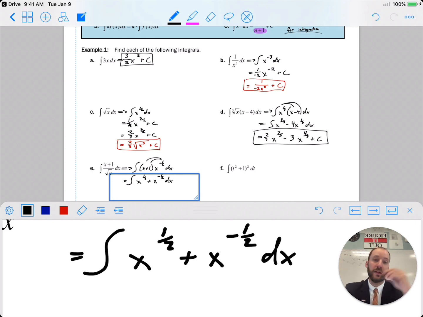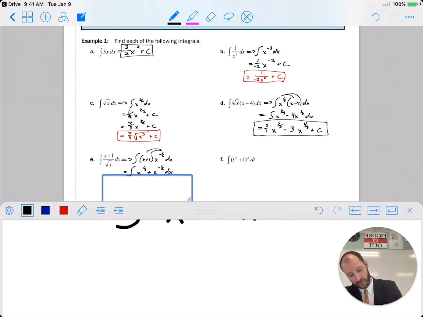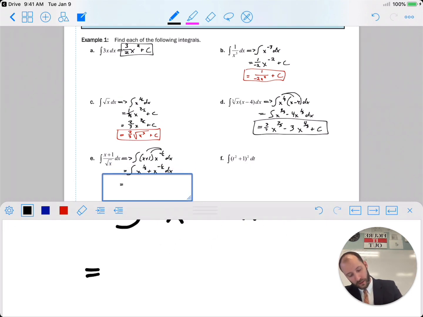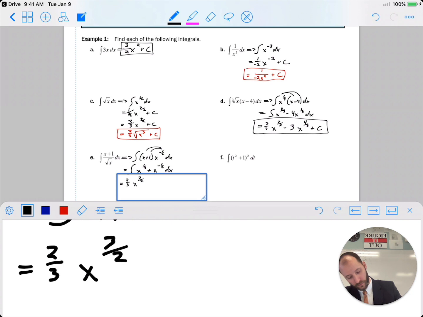Then go ahead and do your power rule for integration. So x, increase 1/2 by 1, so now 3/2. Divide by your new exponent, so 2/3. And negative 1/2 plus 1, that is 1/2.